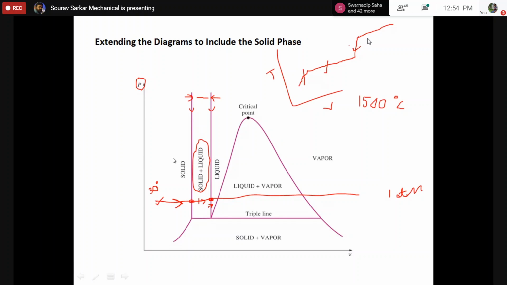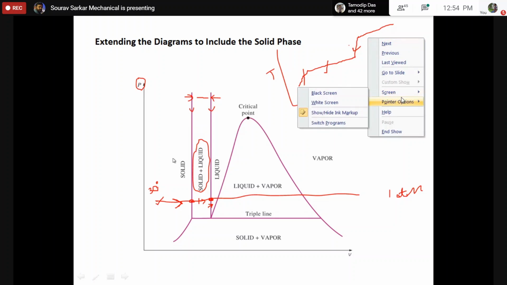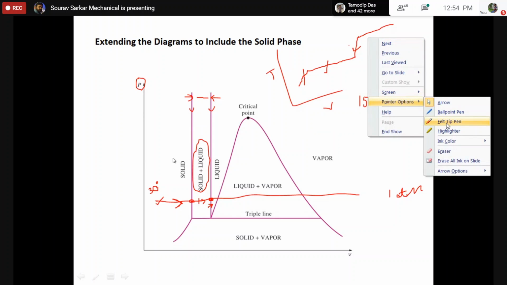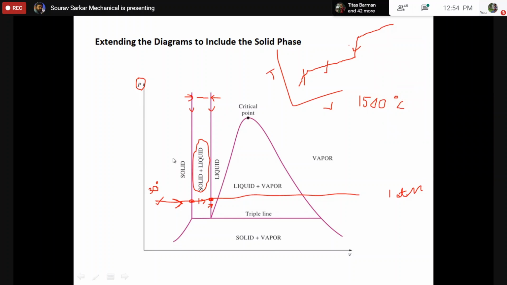And this part is basically the boiling process. So if it is at 1500 degrees Celsius, if we further heat it, what will happen? The liquid metal temperature will start to increase. So it will become 1700, 1800, 1900.